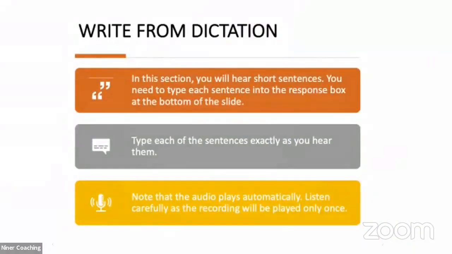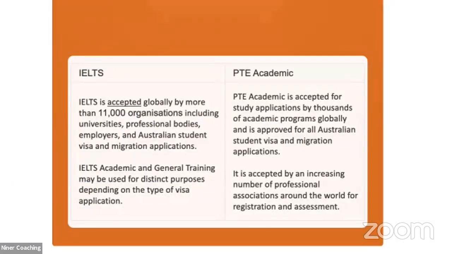So to conclude, I would need to compare IELTS against the Pearson Test of English and what the advantages are of IELTS versus PTE and the other way around. I want you to take all of these into consideration when you're picking which one is the best exam for you.